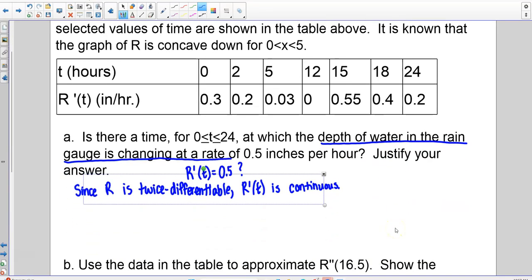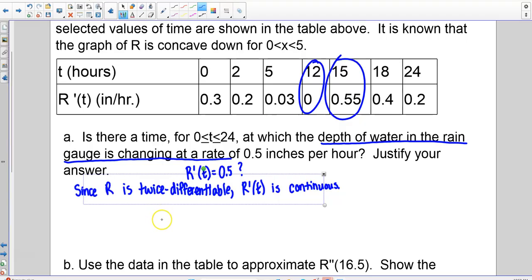And now it does not matter which point you pick here for the lower end. You could use literally any of the points on this table except for r prime of 15. So I'm just going to pick these 2 points because here is where I see us go from r prime equals 0 to r prime equals 0.55.